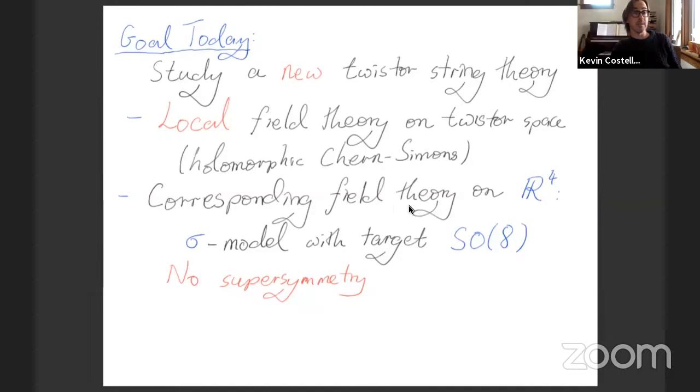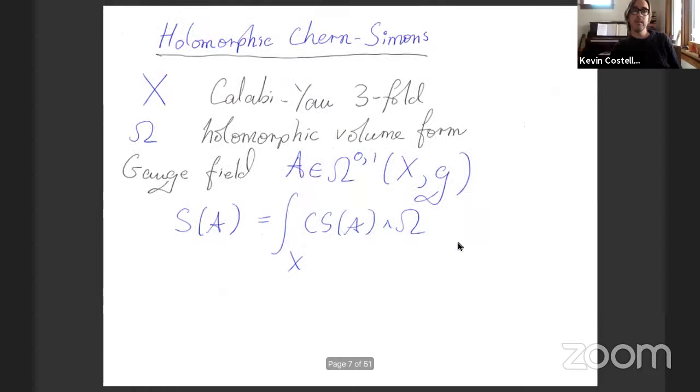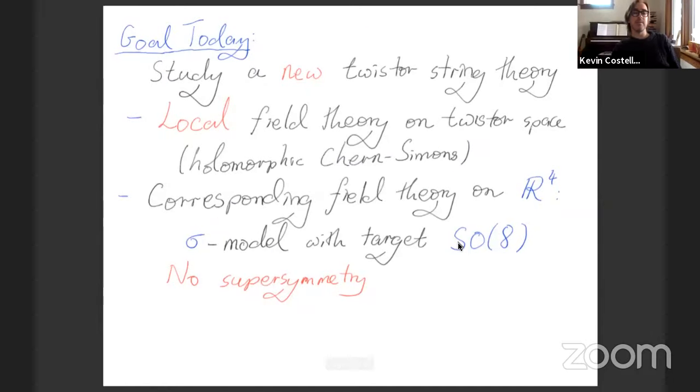It is simply the sigma model with target the group SO(8). And as I said before, the fact that this sigma model comes from twistor space will tell us some remarkable features of this 4-dimensional theory, which is what excites me about this topic.